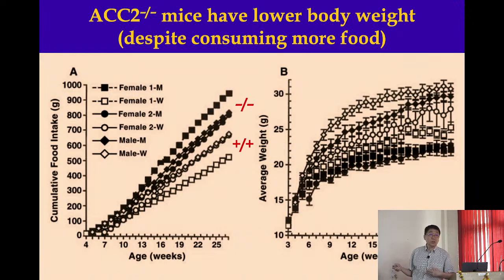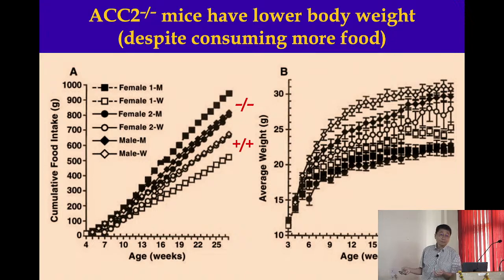I think the malonyl-CoA produced by ACC2 is somehow a satiety signal, telling you that you're full, you stop eating. Now you knock out ACC2, they don't have that signal anymore, so they keep on eating compared to the wild type. But on the flip side, in the right panel, if you look at the body weight of the mice, even though the knockouts ate more than the wild type, they weigh less, in both females and males.